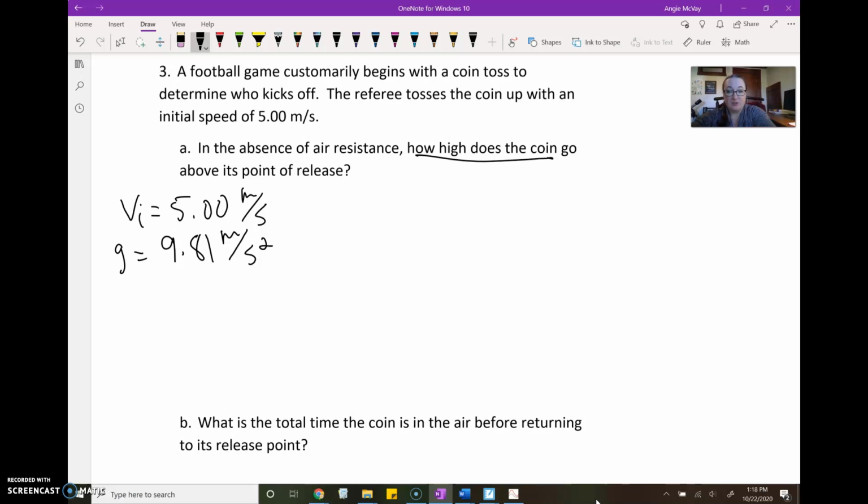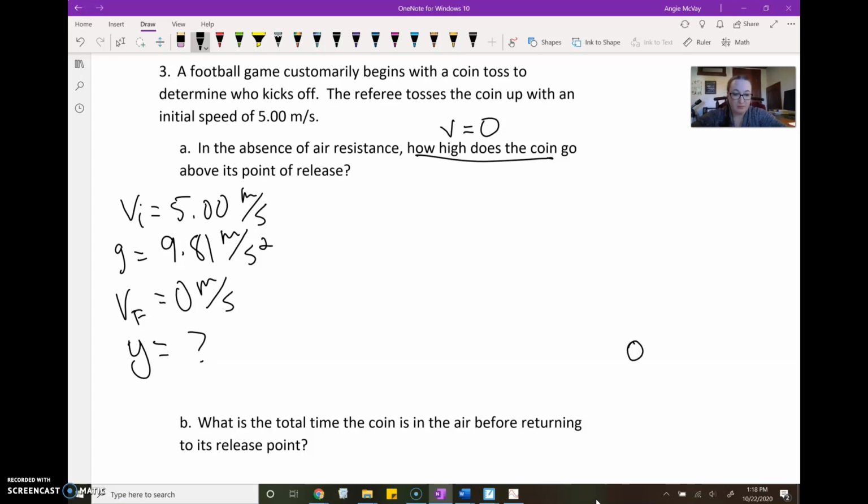So at the highest point, the coin's velocity is 0. So we're going to call v final at its highest height 0 meters per second. And we want to know how high. So we're looking for vertical displacement.